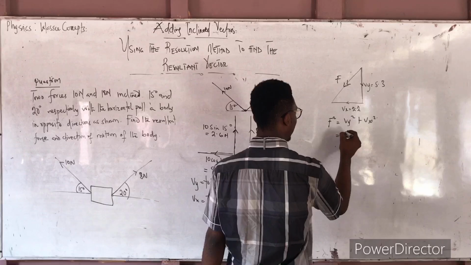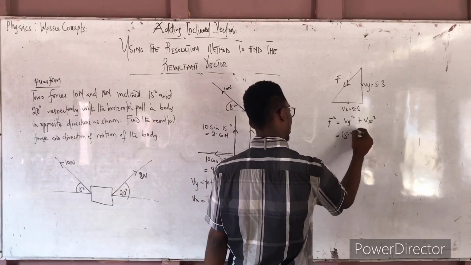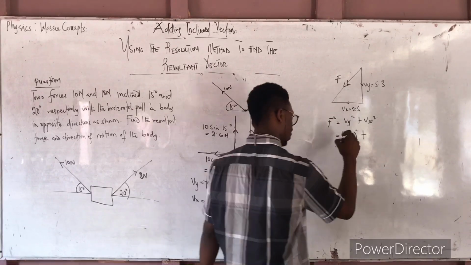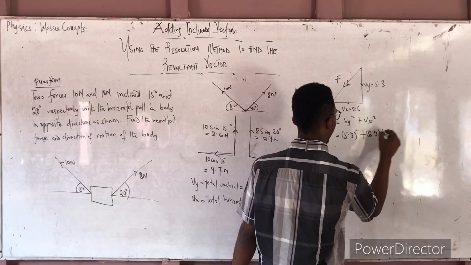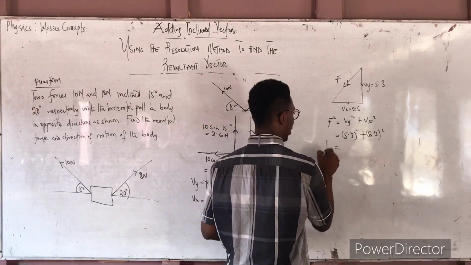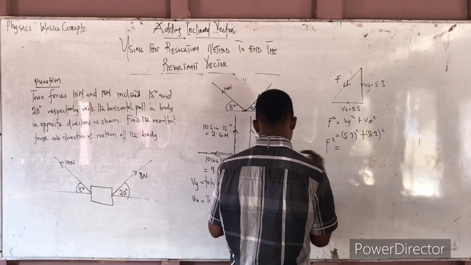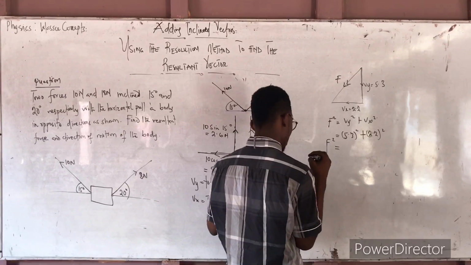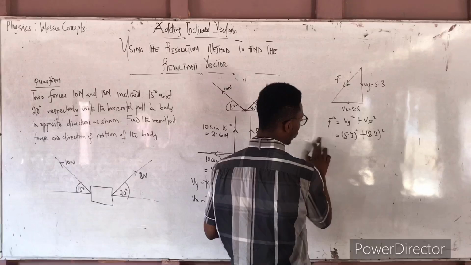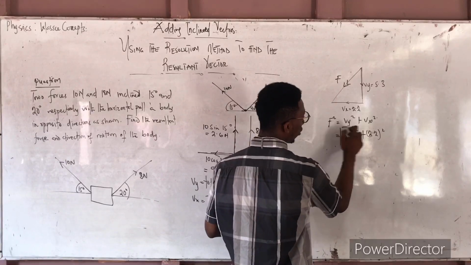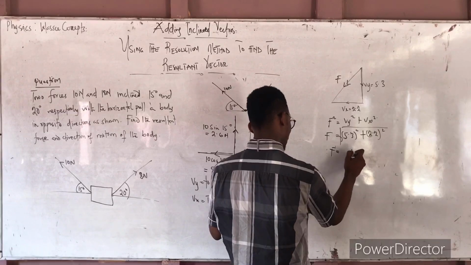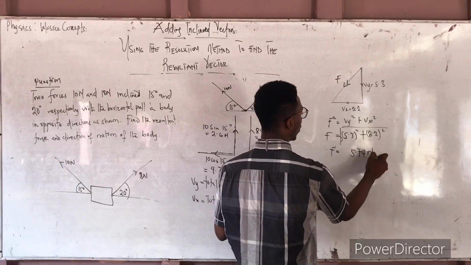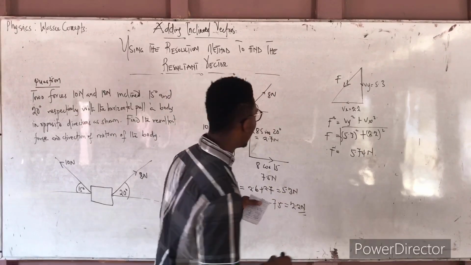And that gives you 5.3 squared plus 2.2 all squared. And when you do this, you get your F squared, and you take the square root. So therefore your F now becomes 5.74 newtons.